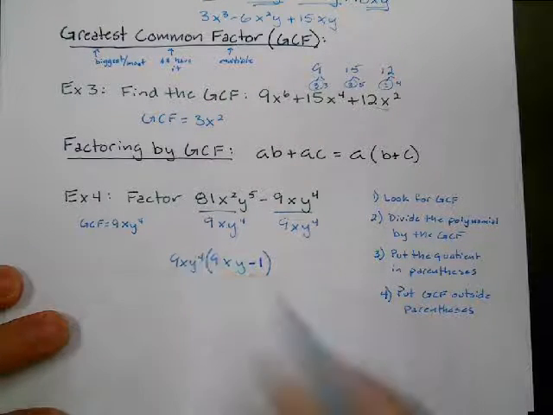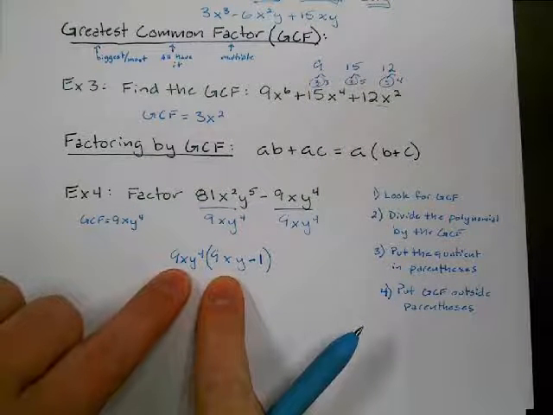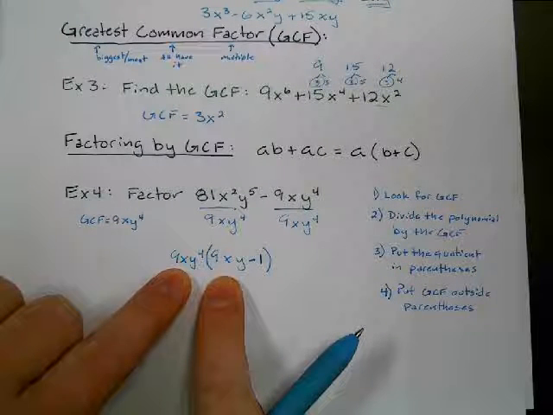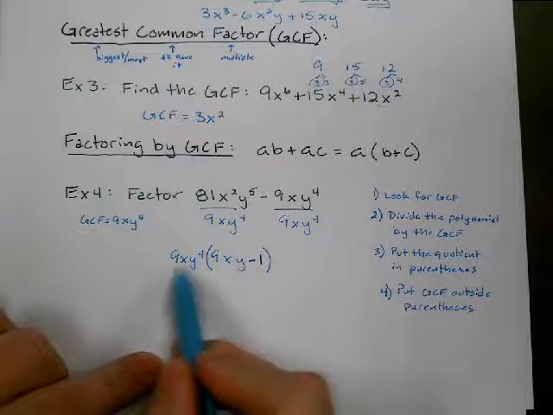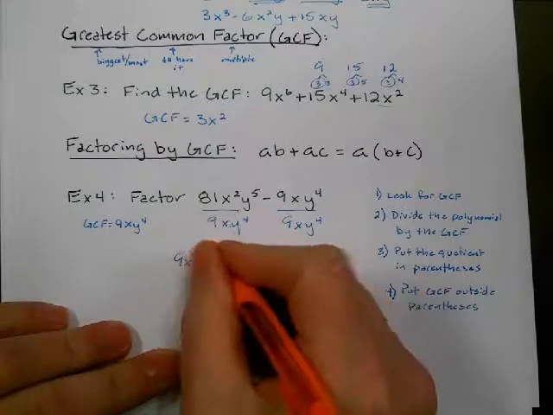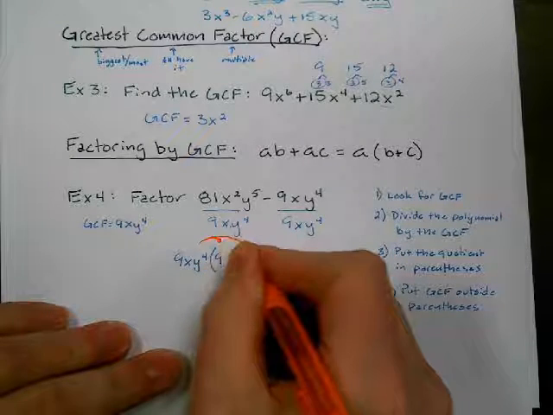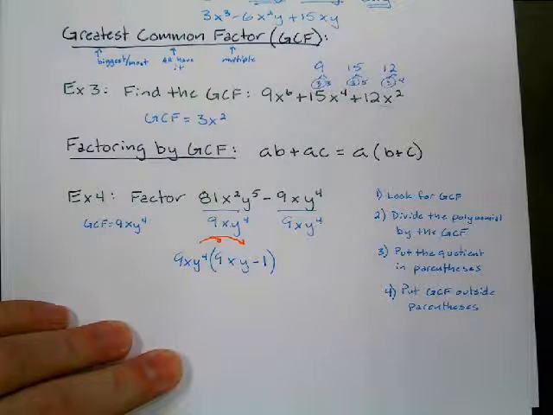And now we have a distributive problem. Basically, we have undone the distributive property. Now, you can always check your work by multiplying this back out. If you multiply here to here and here to here, you should get what you started with up here. And if you look at this, yeah, it's going to work.